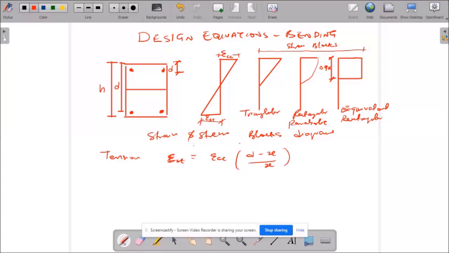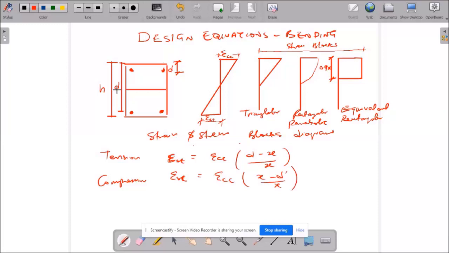And for compression, Esc is equal to Ecc bracket x minus d prime over x.